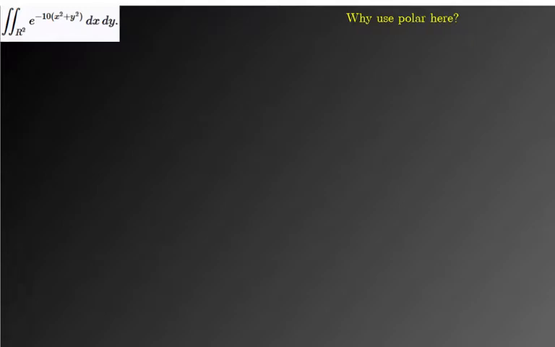For this problem, there's a different reason I would use polar. Another thing that you might bump into a lot is if you ever see x squared plus y squared in a problem, you might want to think about switching to polar, because of the equation of a circle: x squared plus y squared equals r squared.